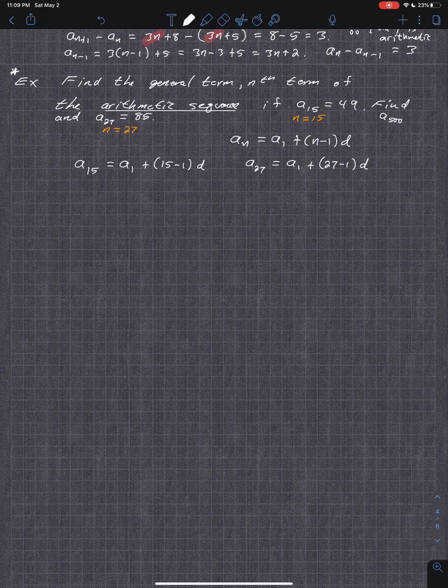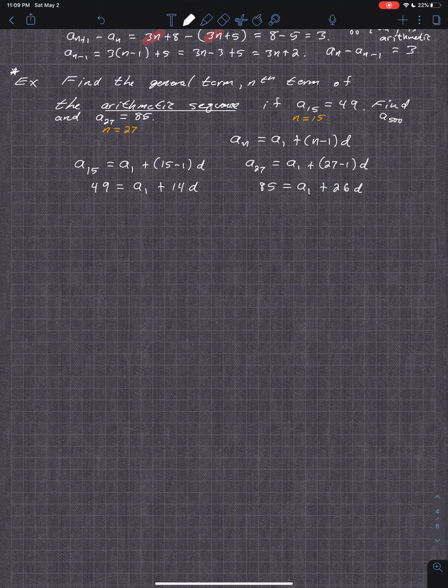So what you get, A15, so this was 49 equals A1 plus 14D. And A27 was 85 equals A1 plus 26D.